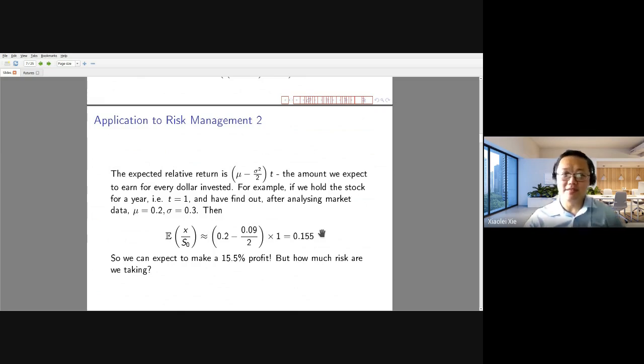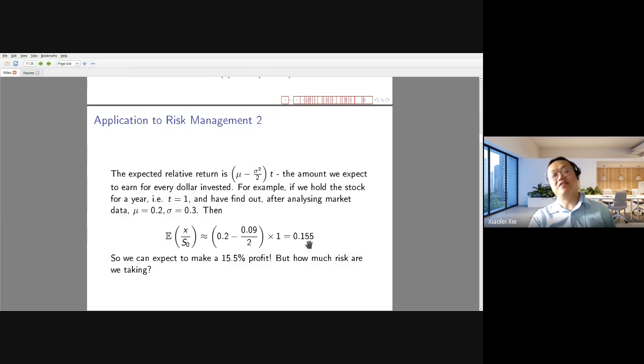So this mu of 0.2 would mean that you expect the price to go up by 20% in a year, and the sigma of 0.3 you can think of as the annual fluctuation in the stock price being around 30%. So with these parameter values, we can calculate that our expectation of the relative return is 15.5%.